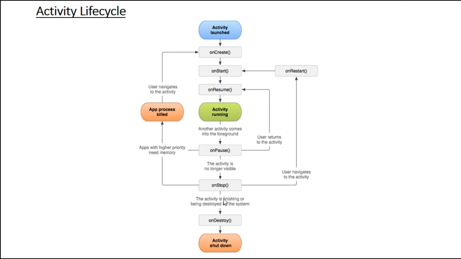And after finishing onStop, if the activity is finishing or being destroyed by the system, that means if the user calls the finish method or it is destroyed by the system, in that case the Android system calls the onDestroy method. In that situation, the instance of the activity is completely removed from memory, that means the activity is in the shutdown state. So this is the lifecycle of an activity.